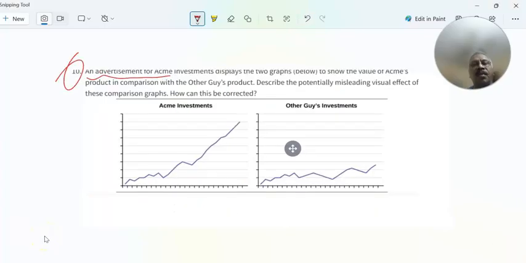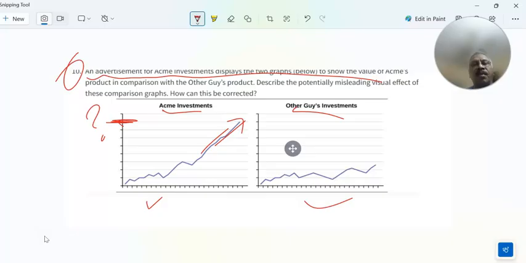Question number 8 shows 2 graphs. What is the mistake here? If you look at the graphs and the investment in the first and the second, even though this looks like high investment, it does not tell us what this is. The values on both the horizontal as well as the vertical axis are missing.